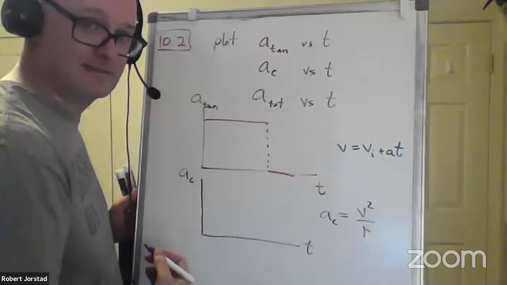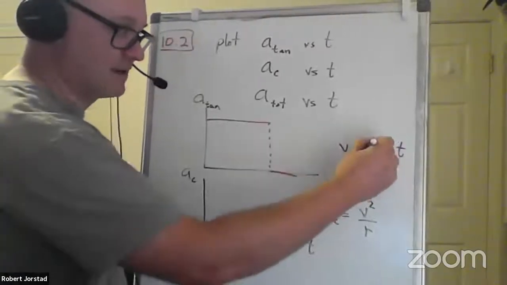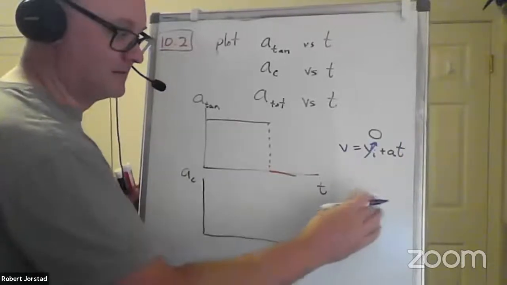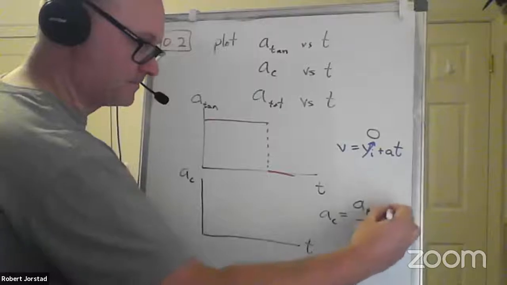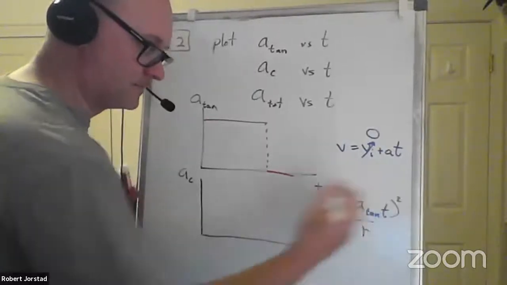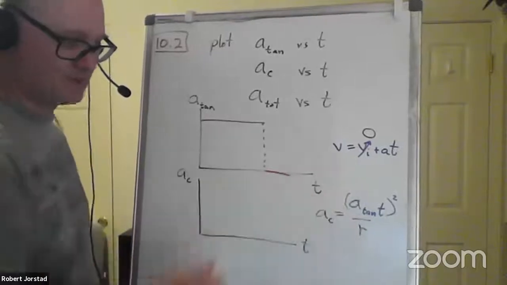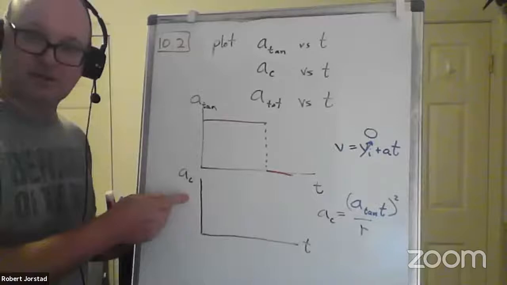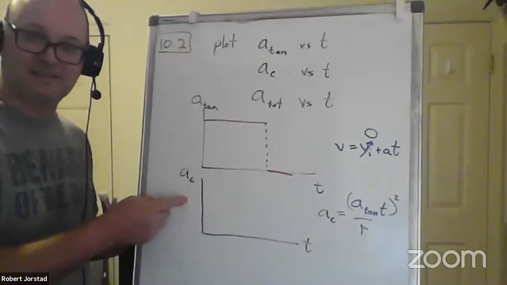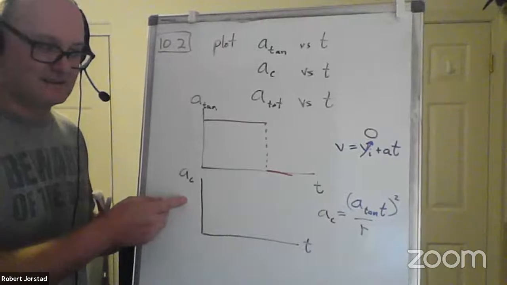The initial is 0. It's A tangential, which is a constant, times t, squared, right? So what is this plot going to look like? It's a parabola, right?